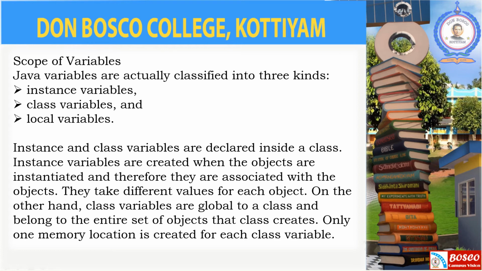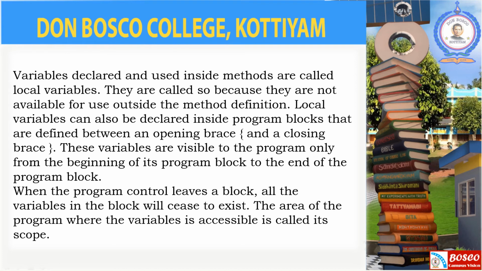The class variables are global variables, that is, all the methods inside the class can use the class variables. The next kind of variable is the local variable. A local variable is declared inside a method, and these variables are not used outside the method definition.